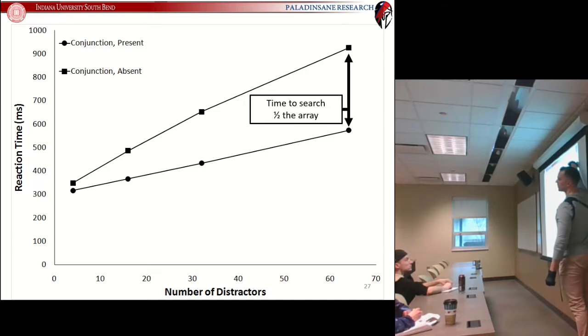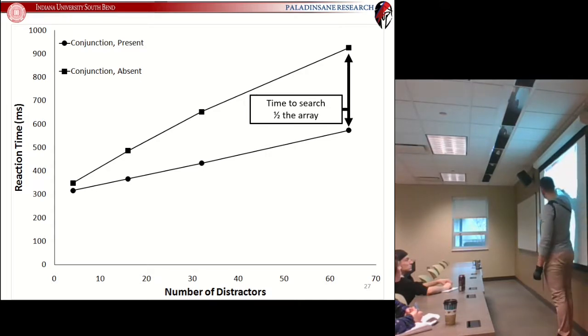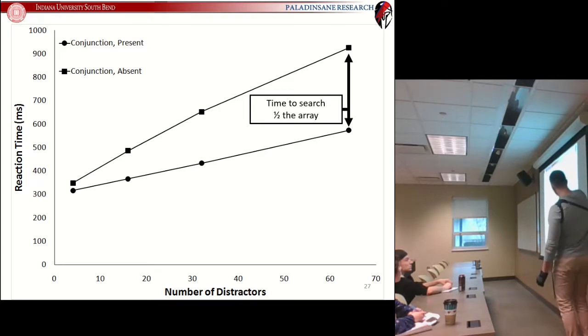If the target's not there, you basically have to search all 64 distractors. You have to go one by one through the whole thing, get to the end and say, oh, it wasn't there. So for the 64 distractor case, that's your time to search the entire array.